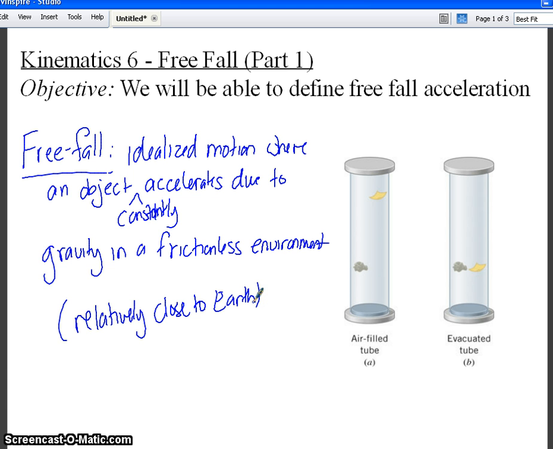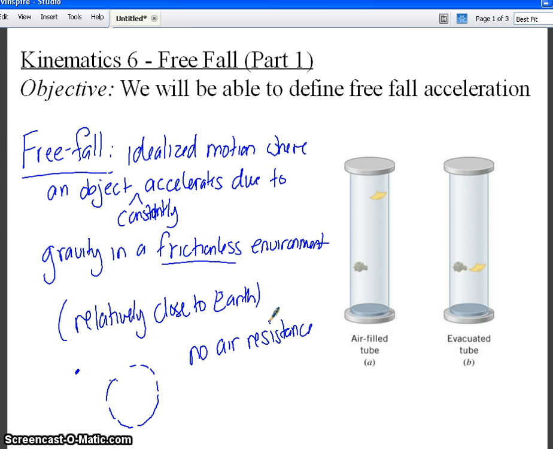So if it is relatively close to the surface of the Earth, not way out here, it's going to accelerate at a constant rate. And we're going to assume it's a frictionless environment. Frictionless means no air resistance. So what does this really mean? Gravity is a constant number if we are close to the Earth.